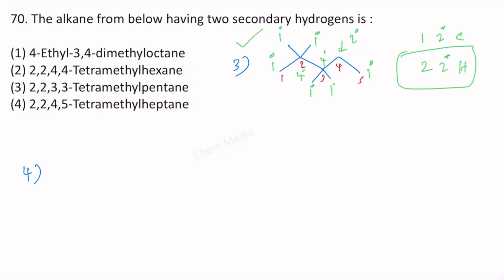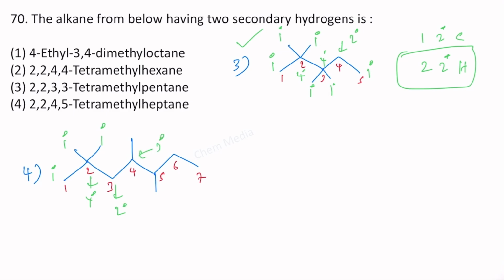Let us work it out for number 4 also. We have tetramethylheptane, 1, 2, 3, 4, 5, 6, 7 and 2 position 2 methyl groups, 4 position another methyl group, 5 position another methyl group. Let's number it. Primary, primary, primary. This is quaternary carbon. This is secondary.